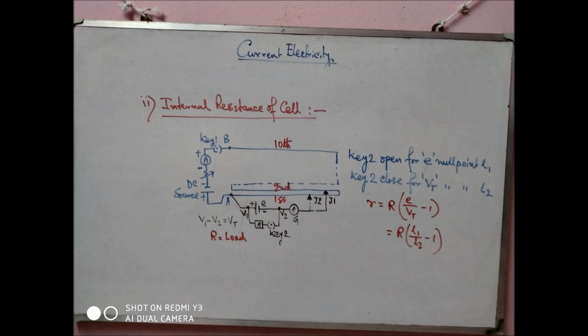So small r equal to big R bracket L1 by L2 minus 1. Using this formula we can find the value of r. So what do we need to find? Only L1 and L2, two lengths, because R is known, the external resistance will be given, so we can easily find the internal resistance of the cell. Clear? Okay.